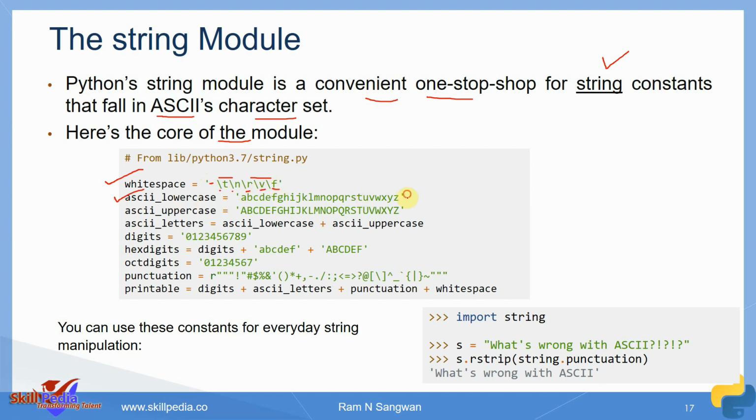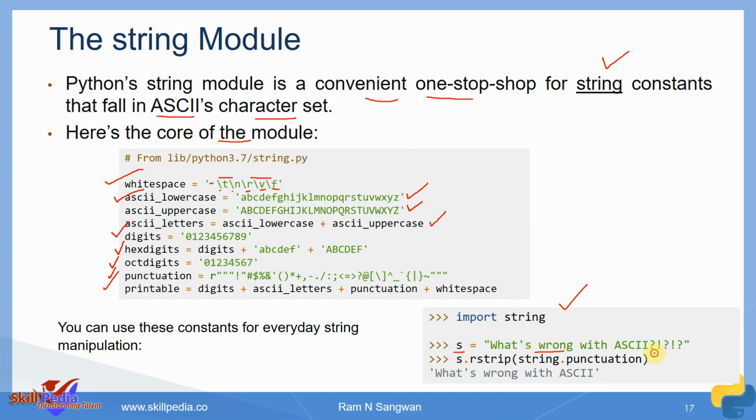Lowercase, all lowercase letters. Uppercase, ASCII letters. Digits, hex digits, octal digits, punctuation, and printables. That is digits plus ASCII letters plus punctuation plus white spaces. Very easily you can try this. Import string.